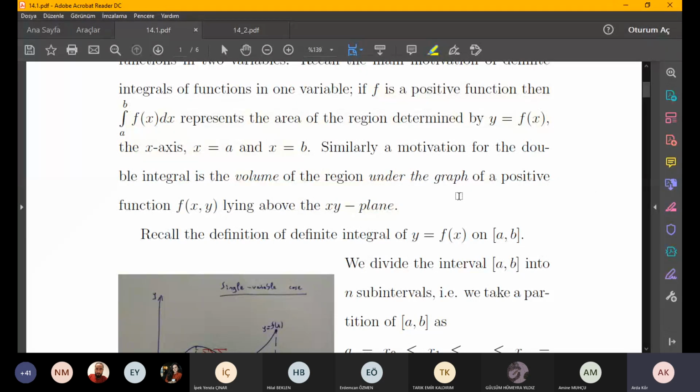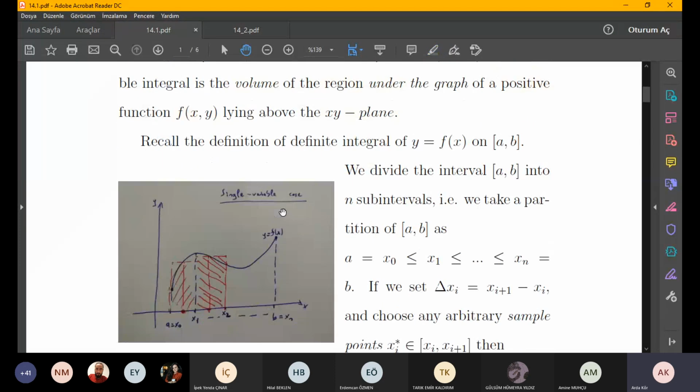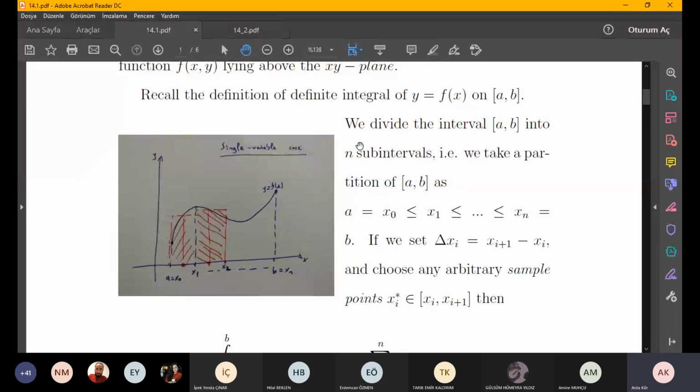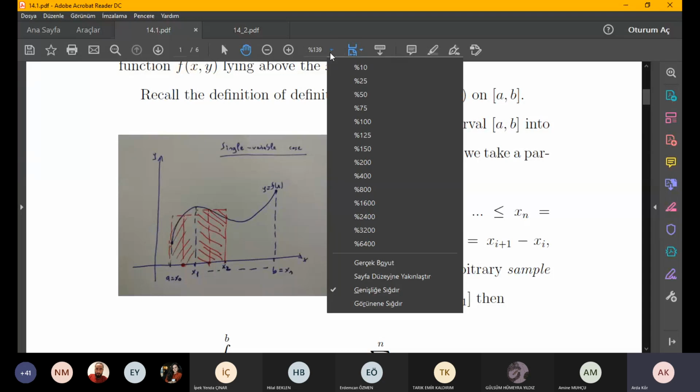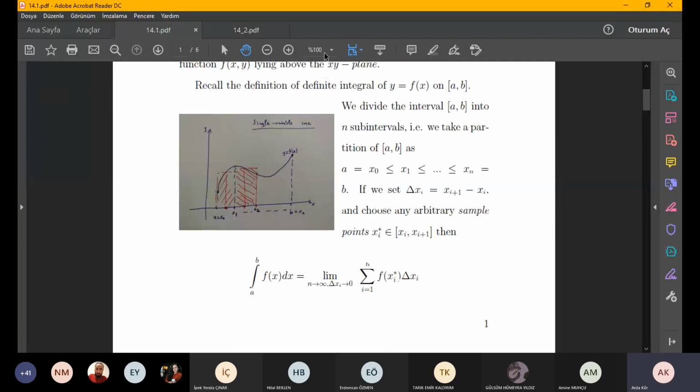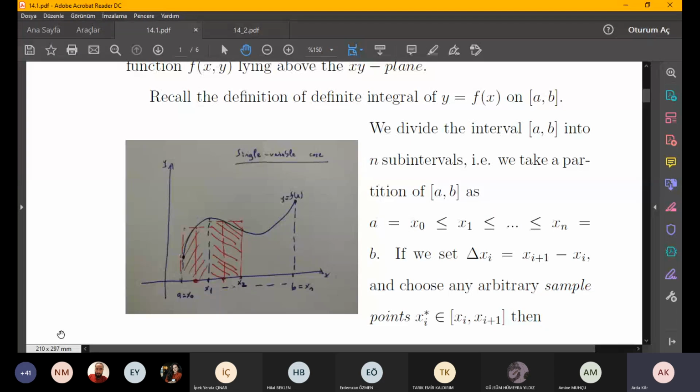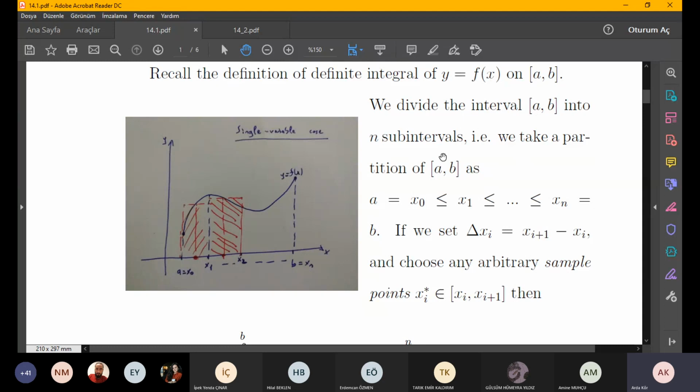And if we just recall the definite integral for one variable functions, suppose this is your positively defined function f(x) on the closed interval [a,b], as you can see here. The steps that we were doing to find the Riemann sum were dividing that closed interval [a,b] into n subintervals.